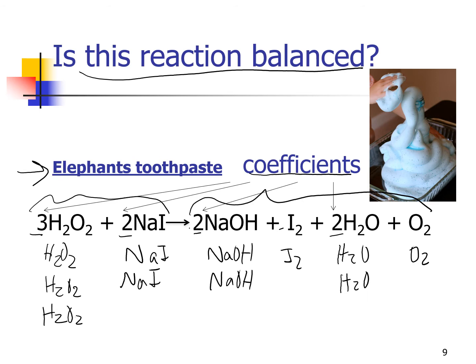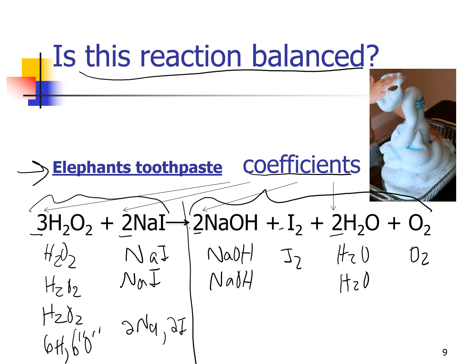In 3 molecules of H2O2, we have a total of 6 hydrogens. There's 3 of them, and they each have 2 hydrogens. We have 6 oxygens. For 2 sodium iodides, we have 2 sodiums and 2 iodines.